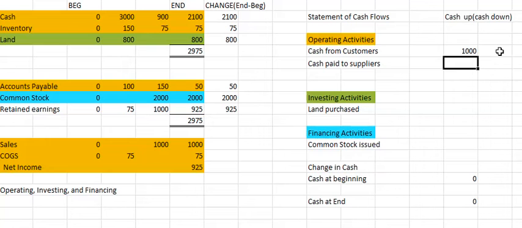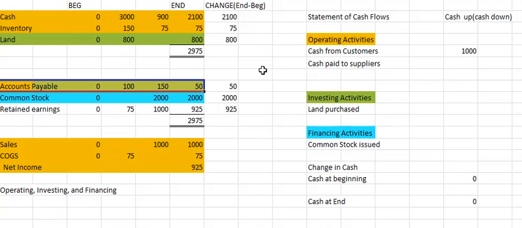Cash from customers. The only other thing we did in my little business here is we bought inventory. So we sold inventory, which is this top line, and we bought inventory. So I'm looking for what we paid to our suppliers. And if I look at this accounts payable account, looking across there, I see it had a $50 ending balance.